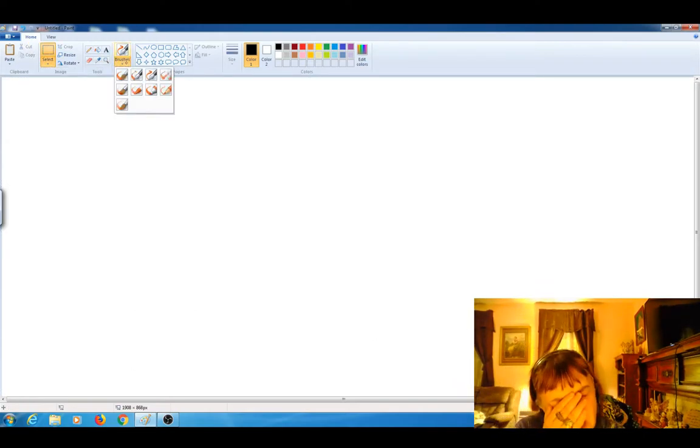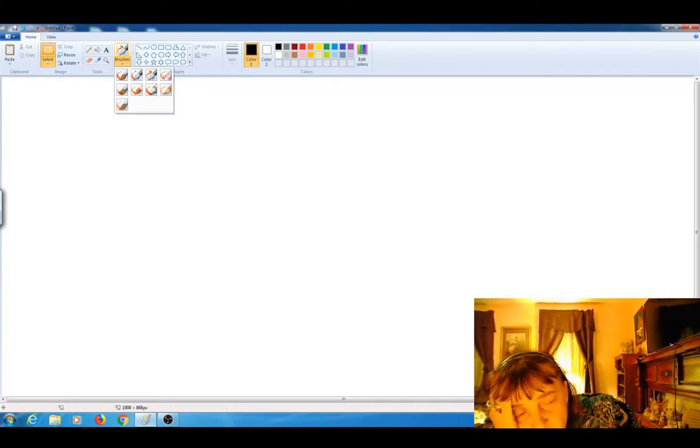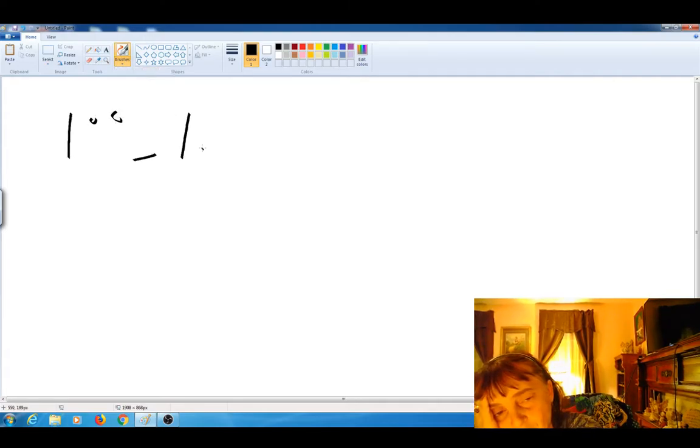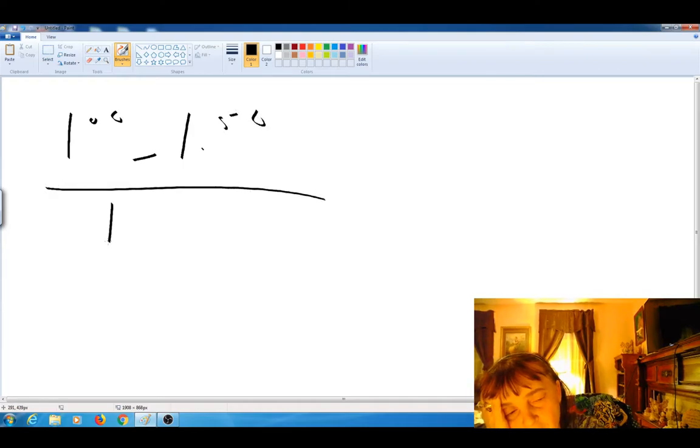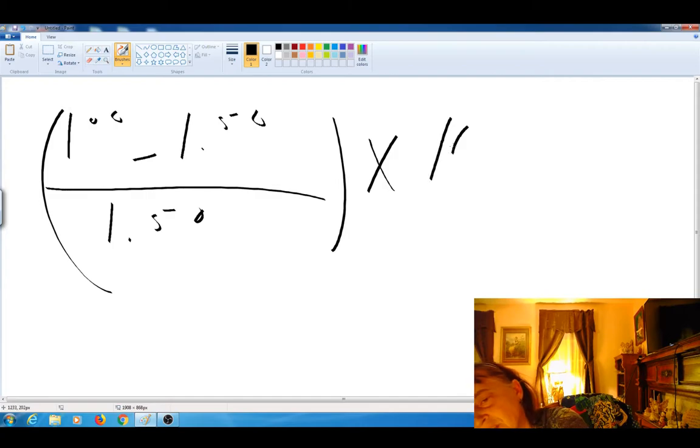So it's the new amount, which is $1, minus the previous amount, which is $4.50, divided by $4.50 times 100%.